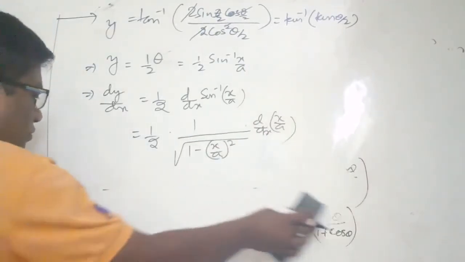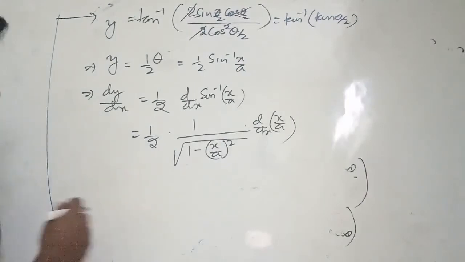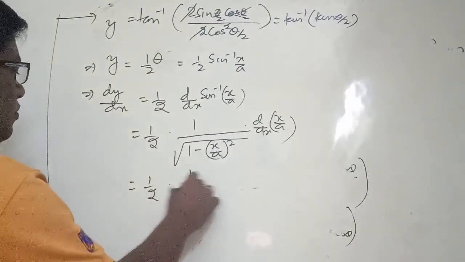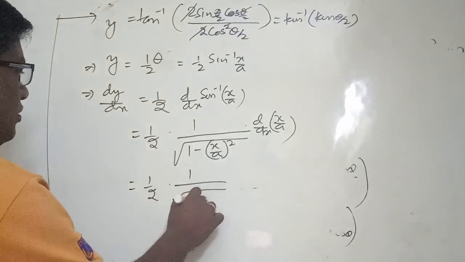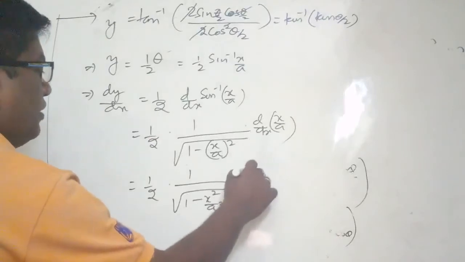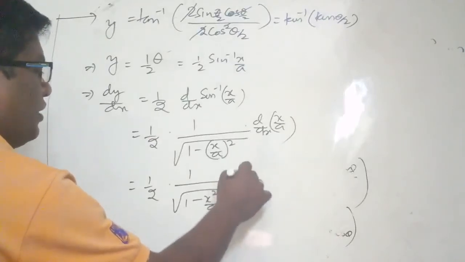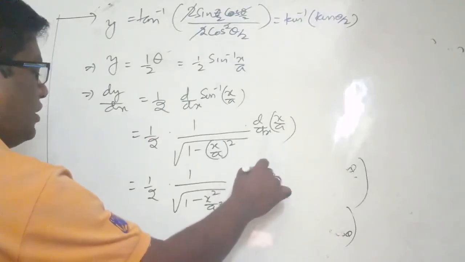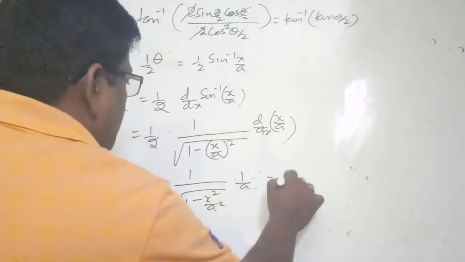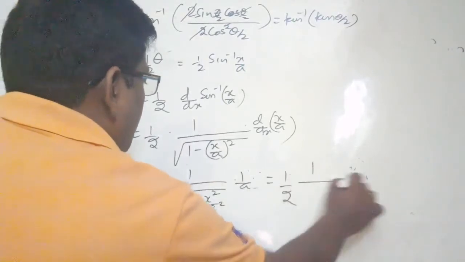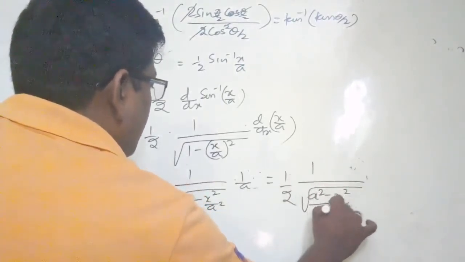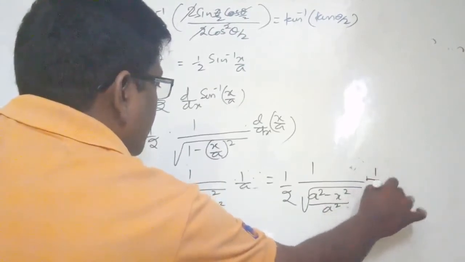So this is equal to 1 by 2 into 1 by root over 1 minus x square by a square, into the derivative of x by a, which means 1 by a constant times the derivative of x, which is 1. After simplifying, this is 1 by 2 into 1 by root over a square minus x square by a square, into 1 by a.